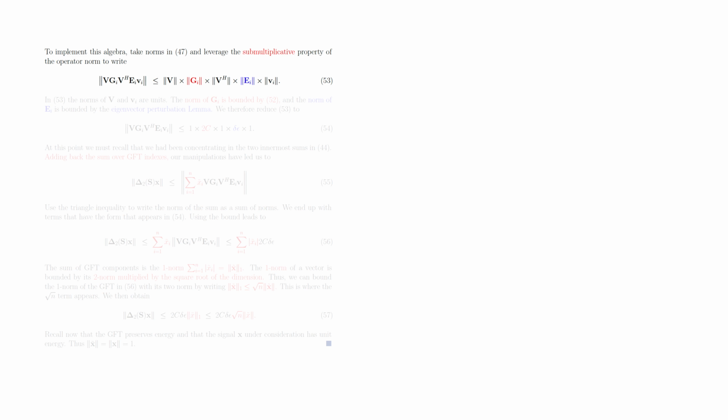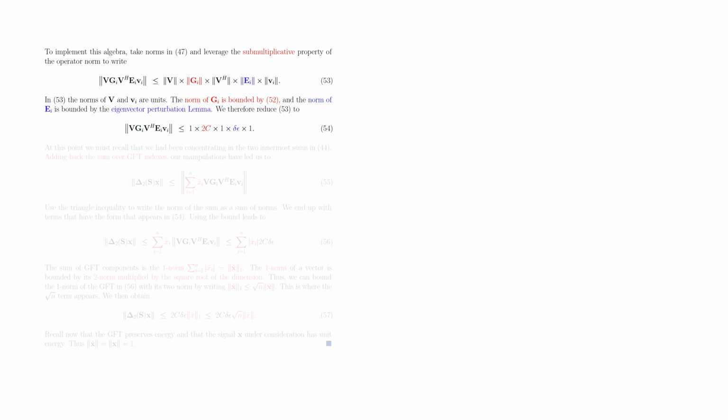The norm of the product of matrices in 47 is thus rewritten as the product of the individual norms of each factor. This gives us the expression in 53. In 53, the norm of the matrix V and the norm of the vector v_i are units, because the matrix V is unitary and the eigenvector v_i is normalized.